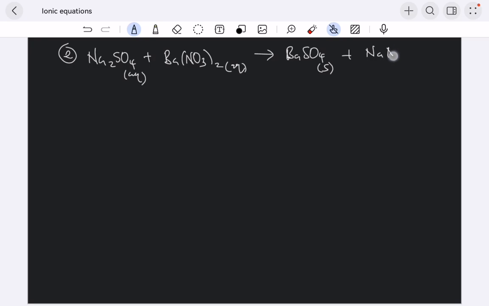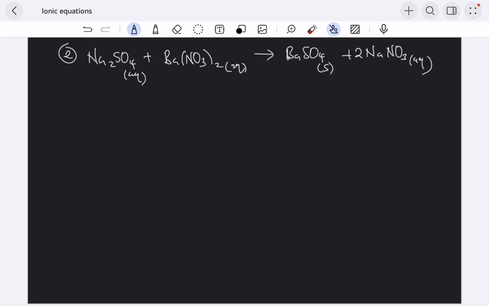Okay, let's look at sodium sulfate plus barium nitrate aqueous, then this will give us barium sulfate solid, then sodium nitrate aqueous. So to balance this equation, we just put a 2 right in front.